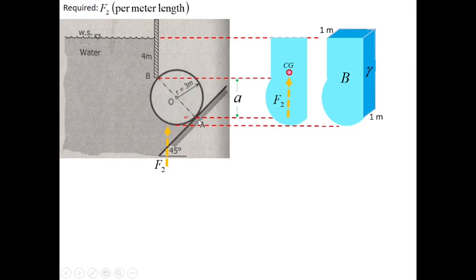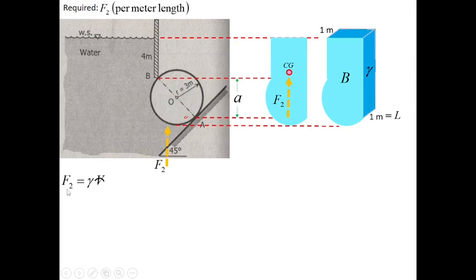At yung bigat niyan ay katumbas ng F2 value. I-assume natin na ito ay merong tubig kasi water ang ating liquid. So, tubig yan at yung bigat niyan ay katumbas ng F2 value natin. So, ating 1 meter length.